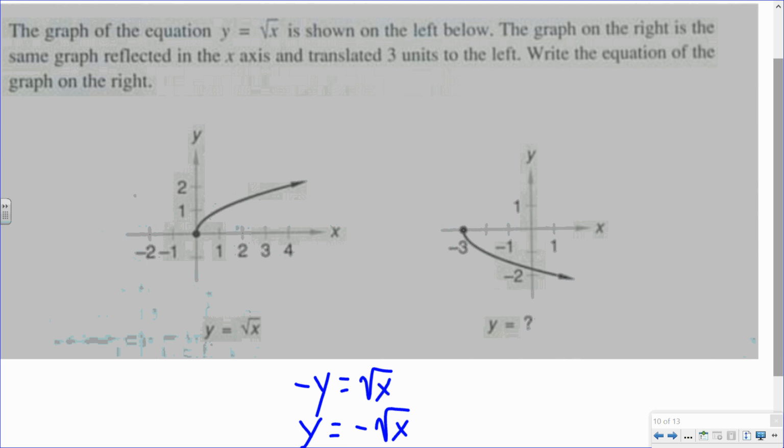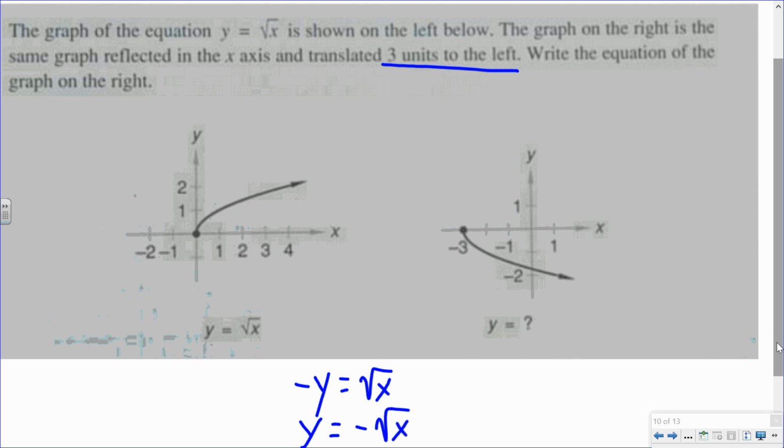Then to go 3 to the left, what did we write down we do? We add or subtract, inside, outside. Sharon, what? So if we want to go to the left, we add, and where? To the left, we add inside. Up and down, we add on the outside at the end. Left and right, we add on the inside.